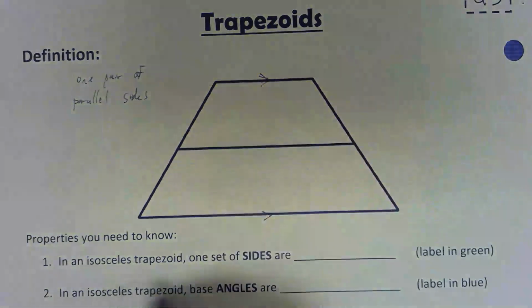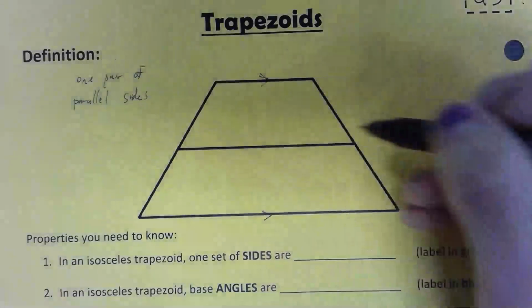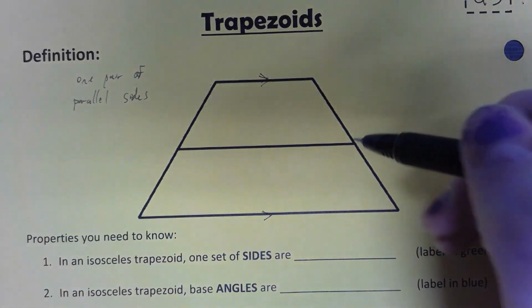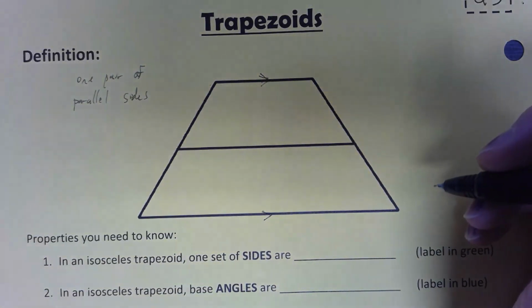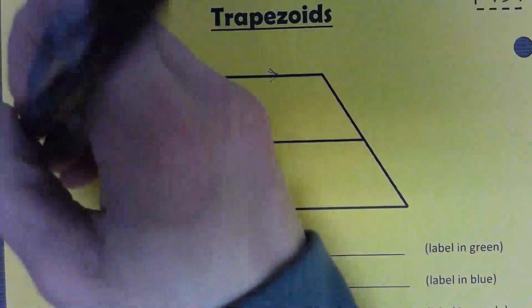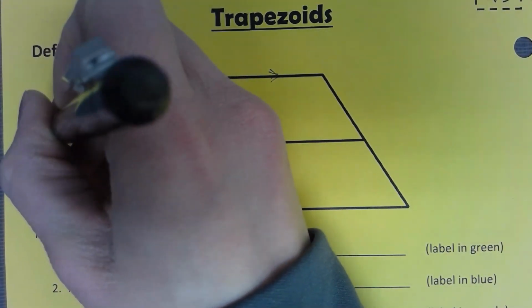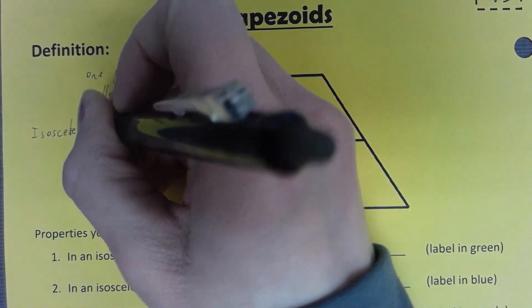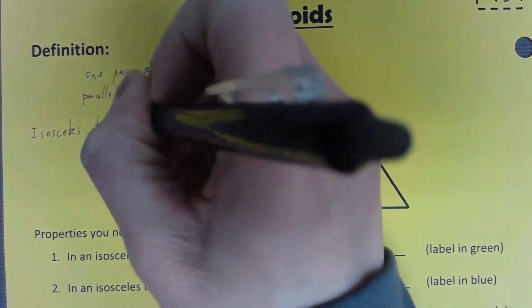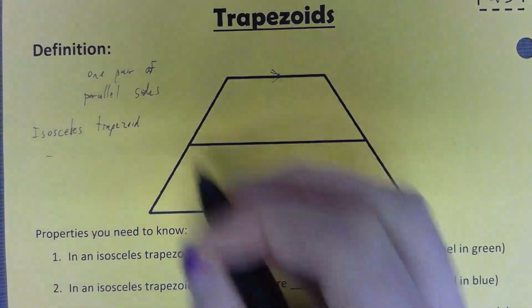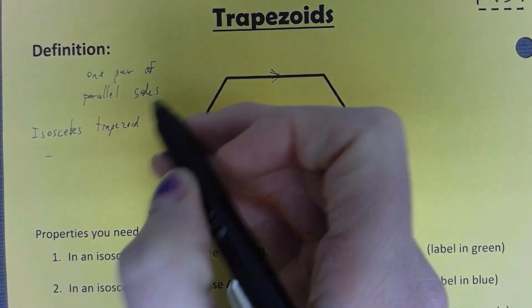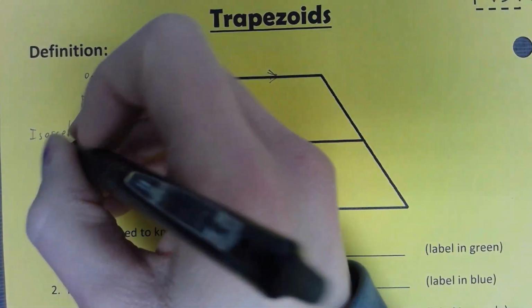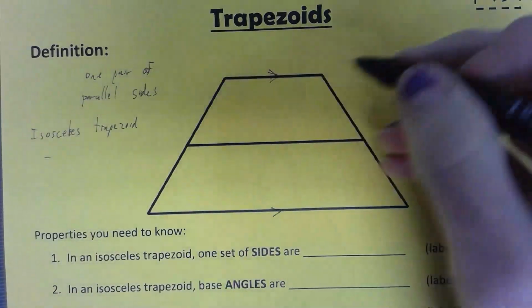So when we talk about isosceles trapezoids, we're talking about trapezoids where these other sides are the same length, just like isosceles triangles have two sides the same length. So isosceles trapezoids also have the one pair of parallel sides, but they also have two sides that are congruent.